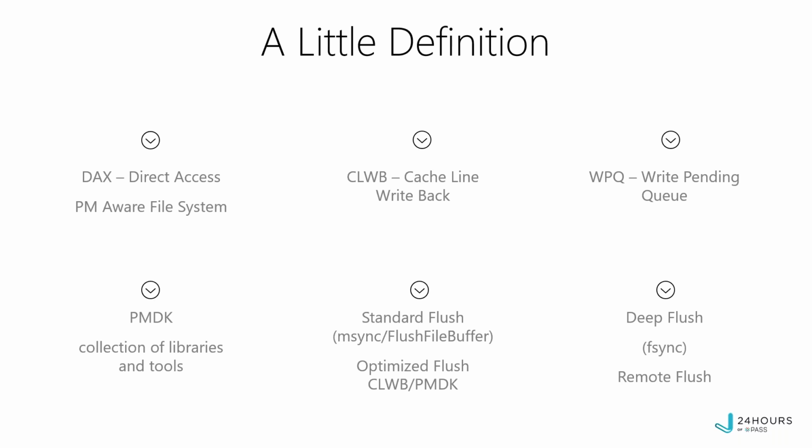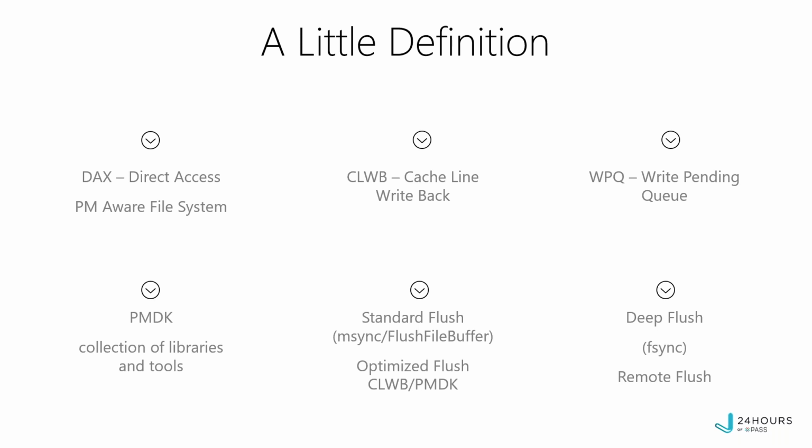First one is DAX, or direct access. Basically it is the way a file system has direct access to the memory content. So you can have byte-addressable memory content from either the file system or the application. And luckily, Microsoft and Linux call it the same idea, which is DAX.